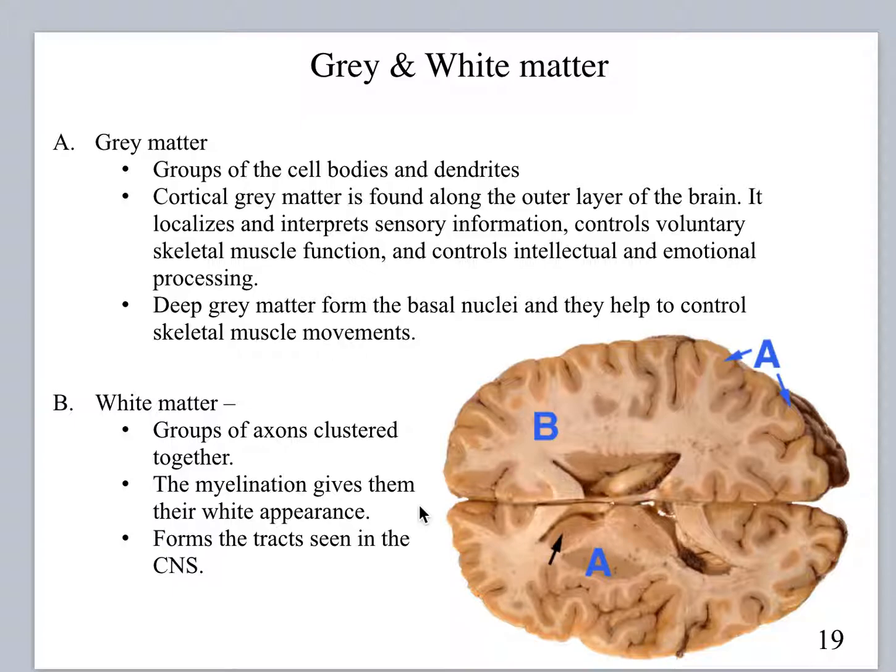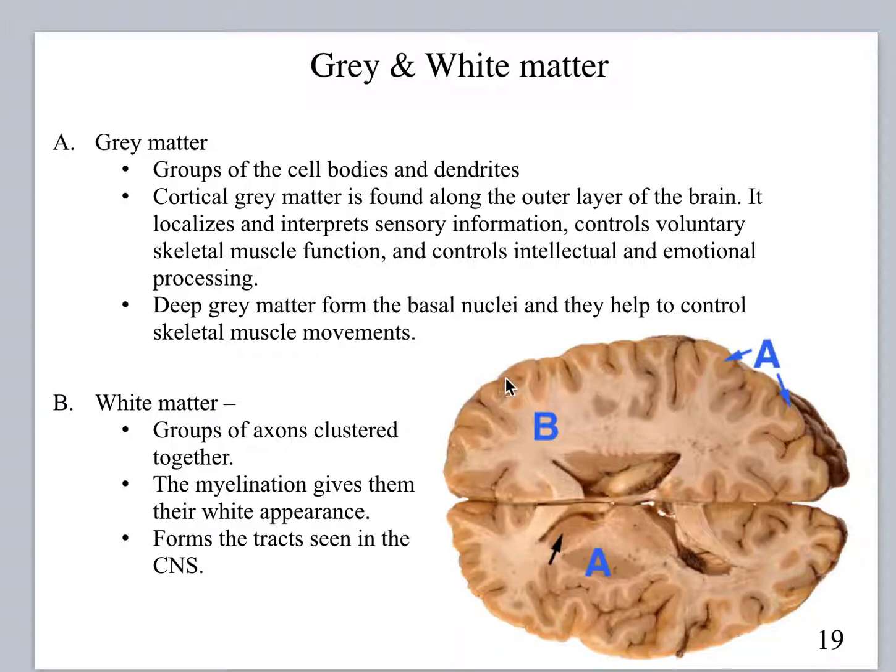The brain has gray matter and white matter. The gray matter basically is groups of the cell bodies and the dendrites, whereas the white matter is a group of axons clustered together. The white matter is called white matter because the myelin gives it a white appearance. But the gray matter is the cell body and the dendrites and unmyelinated nerves. It's found on the outer layer of the brain.